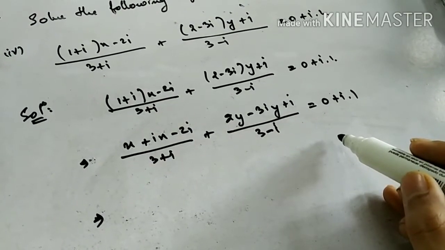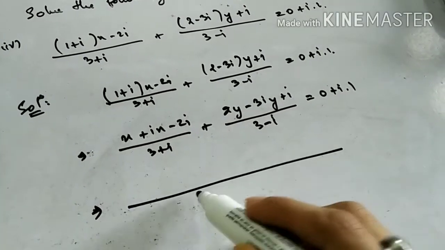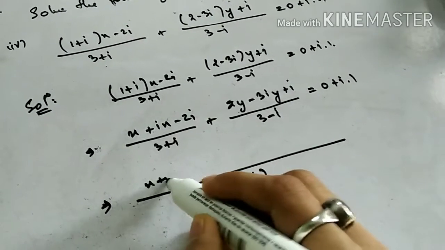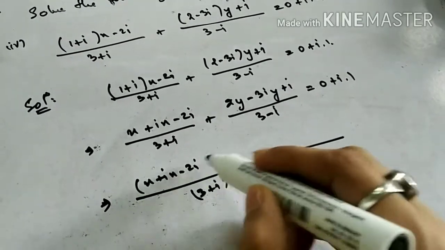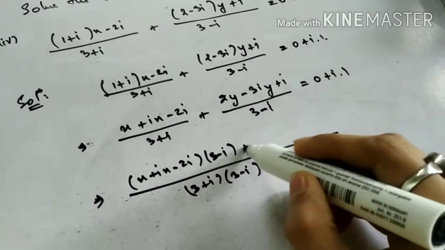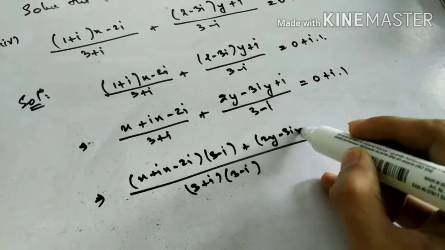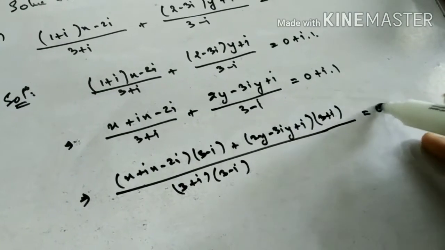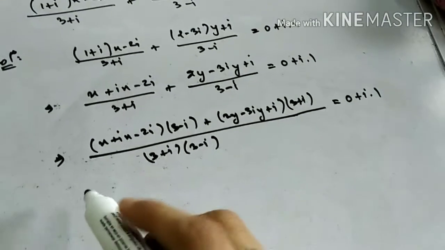Okay, so now let's take the LCM: (3 + i)(3 - i).